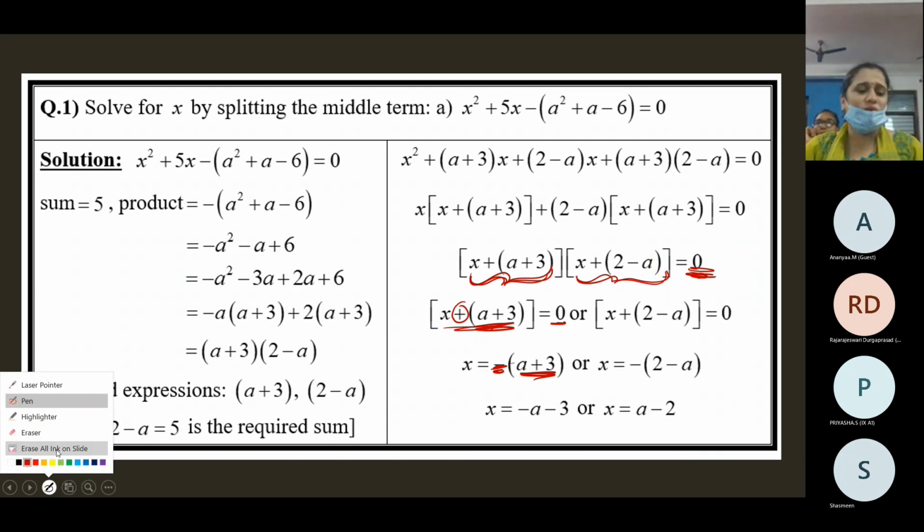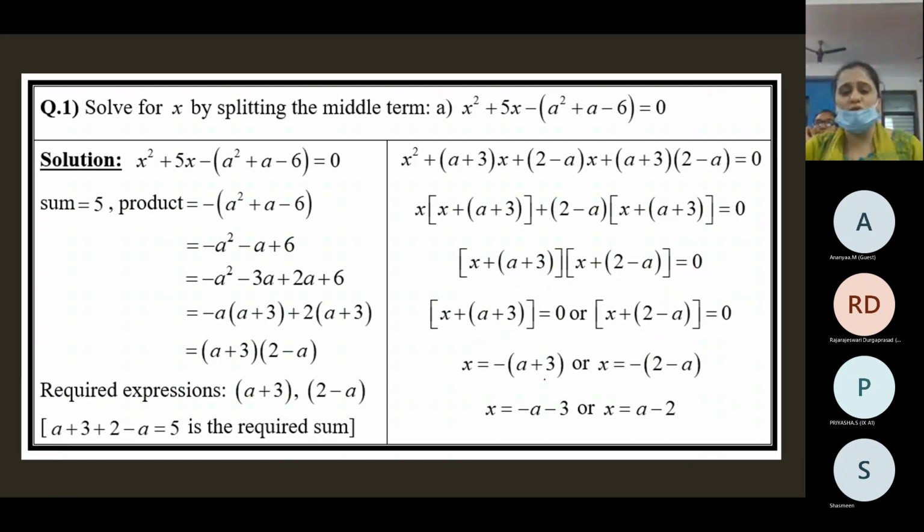This you can solve however you want, meaning it's not that you should do it like this. You could take the individual terms to the other side. Plus a becomes minus a, plus 3 becomes minus 3. So minus a minus 3, that's left to you. What I have done is taken this as it is to the other side, and this plus becomes minus. Then here also, this one to the other side, and this plus becomes minus on transposing.